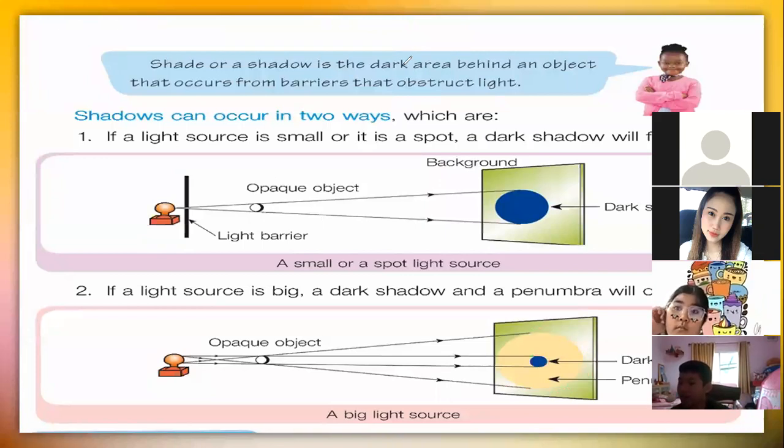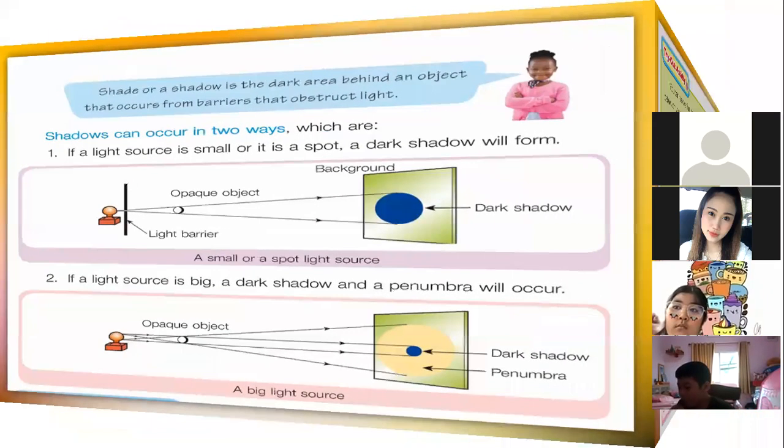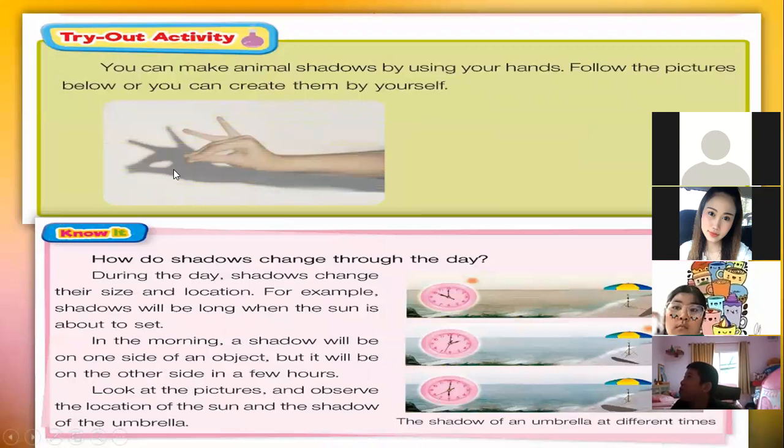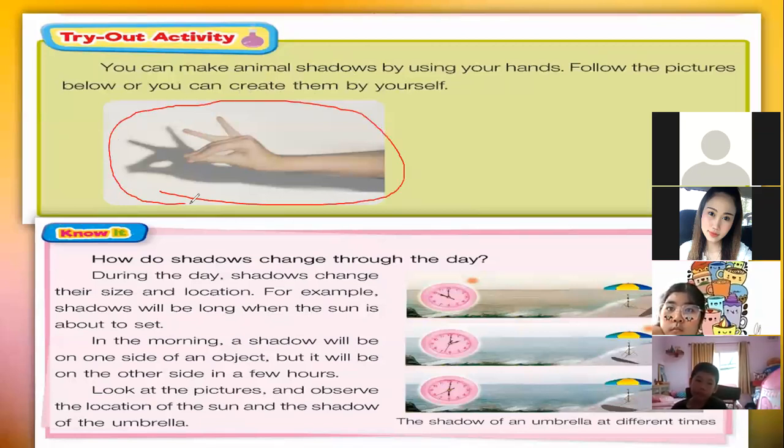All right, so now we are going to have one experiment. Before we go to the experiment, have you ever tried, for example, making an animal shadow by using your hand? Follow the picture below. Here, this is how you can make a shadow.